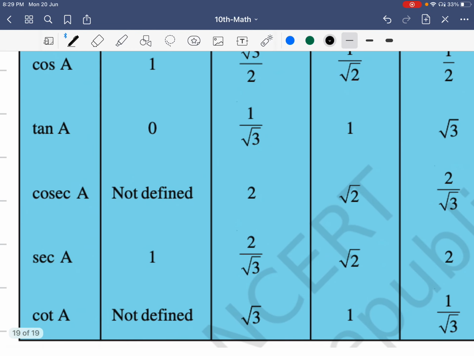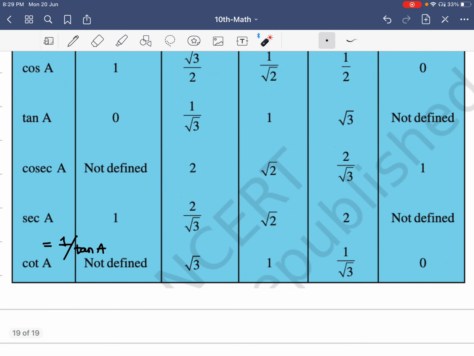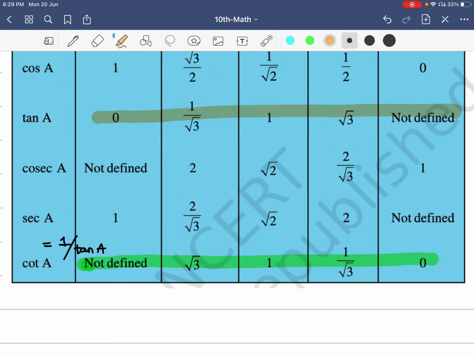Cot A is nothing but 1 divided by tan of A. If you observe all the values of cot A, let me again use a highlighter, all these values of cot A are nothing but the reciprocal of all these values of tan A, because that is the definition of cot A. So since tan of 0 is 0 here, cot of 0 becomes 1 by 0 and division by 0 is not defined.